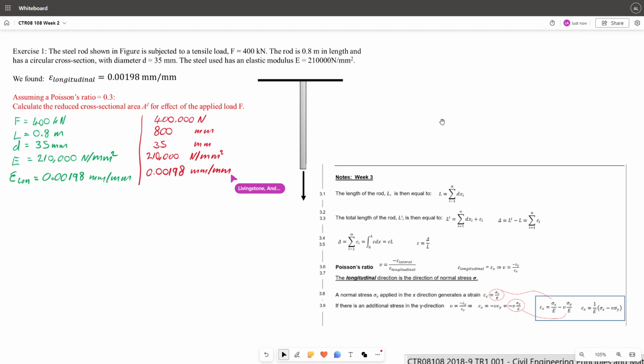We also know, I forgot about that, we also know the Poisson's ratio.